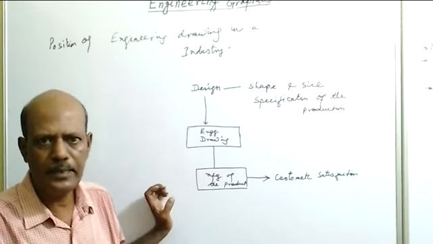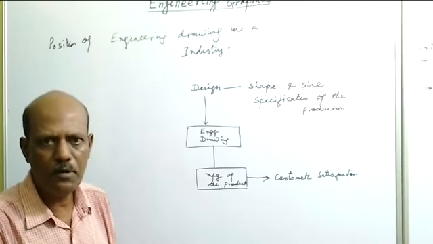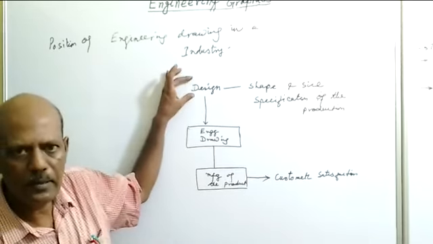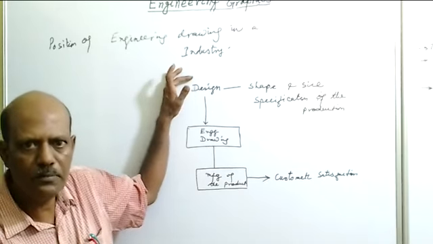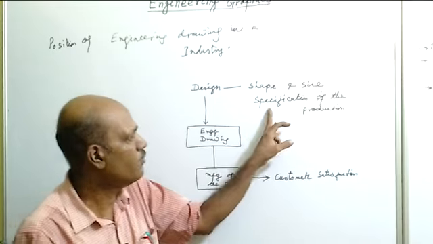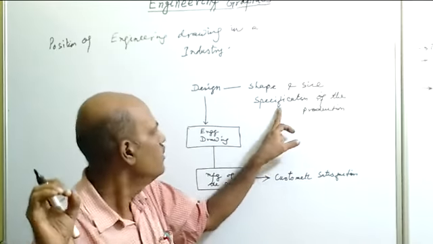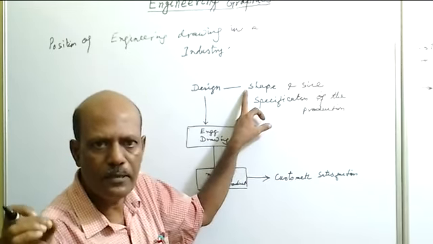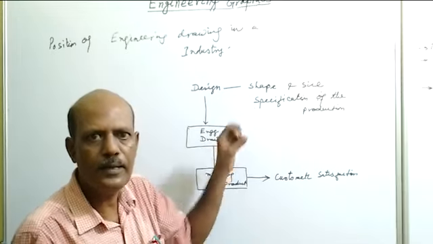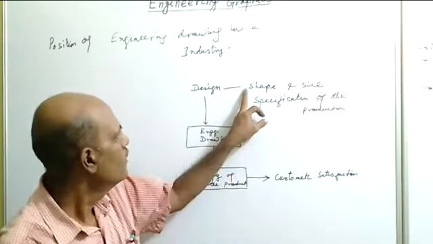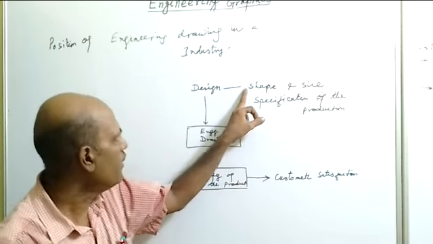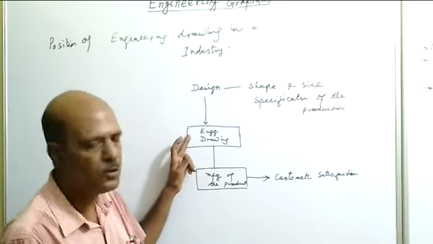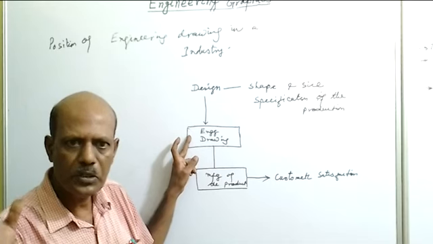Whenever there is a need in the society or there is a problem in the society, then the design team will work on that, and the concept of the product is developed. After that concept, the design department will decide the shape and size of the product so that it will simplify the problem, and then that specification will go to the drawing department, and the drawing department will draw the product on a sheet of paper.